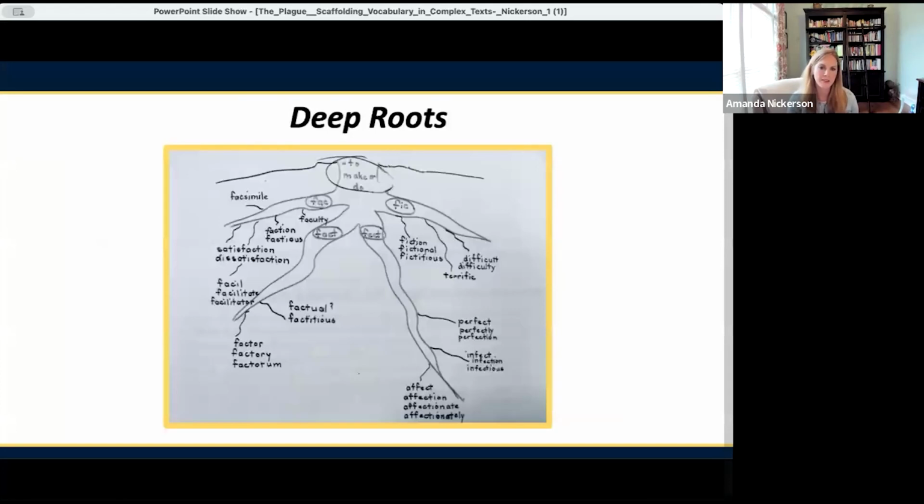And we also have opportunities to think about the deep roots of the words that we are working with. So fect is the root in infectious. And you can see there are some related words here. We have perfect, perfectly, perfection. And then we have infect, infection, and infectious on another little strand, or affect, affection, affectionate, affectionately.